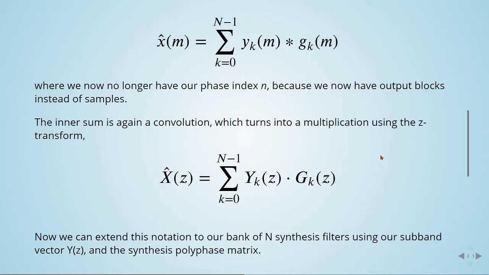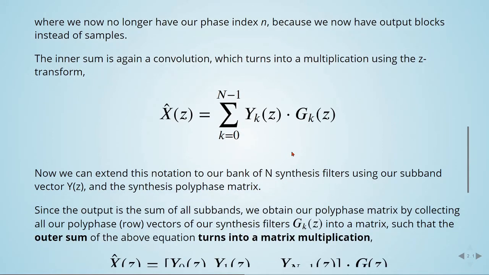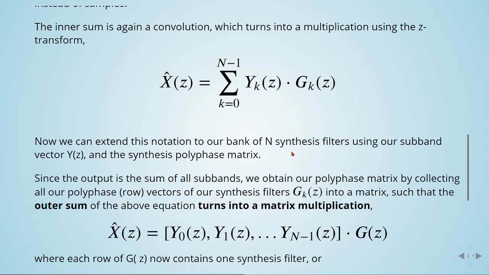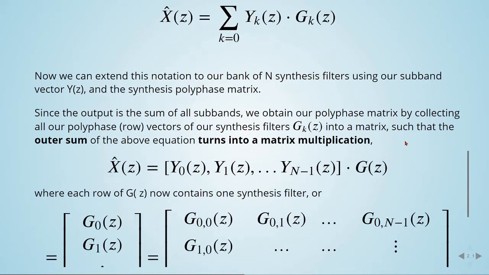And now we can extend this notation to our bank of N synthesis filters using our subband vector Y(z) and the synthesis polyphase matrix. Since the output is the sum of all subbands, we obtain our polyphase matrix by collecting all our polyphase, in this case row vectors of our synthesis filters g_k(z), into a matrix, such that the outer sum of the above equation turns into a matrix multiplication.